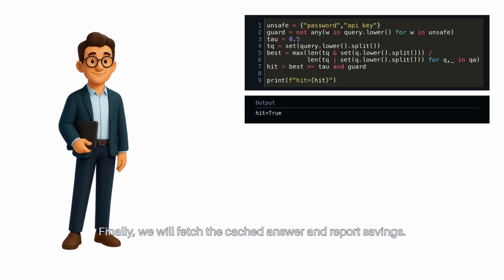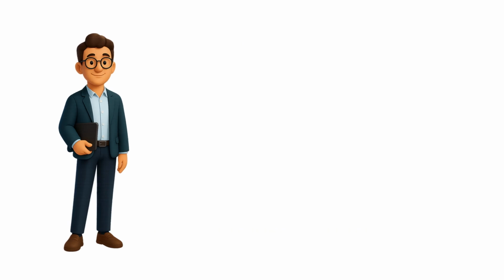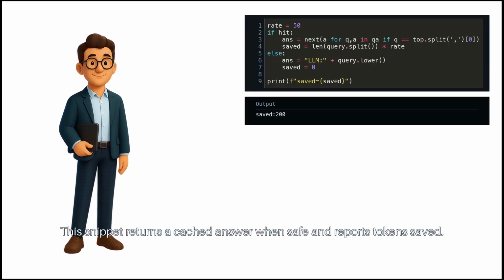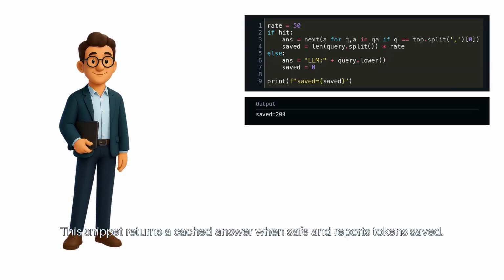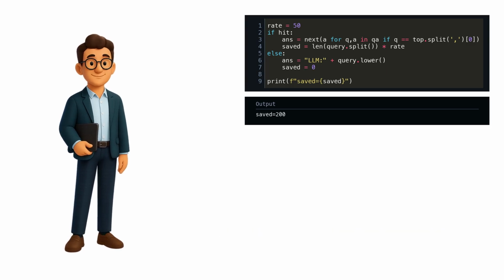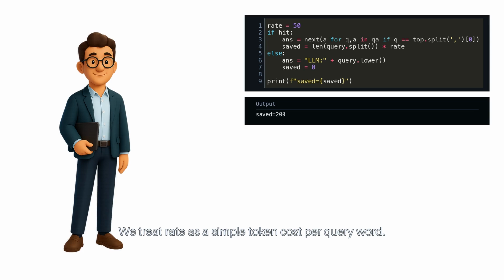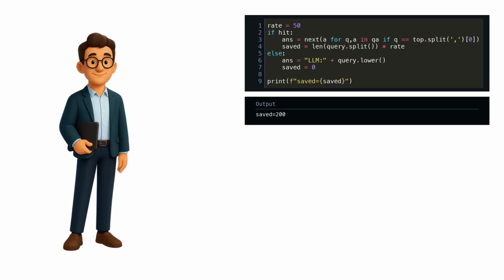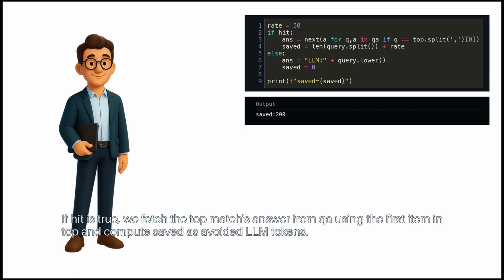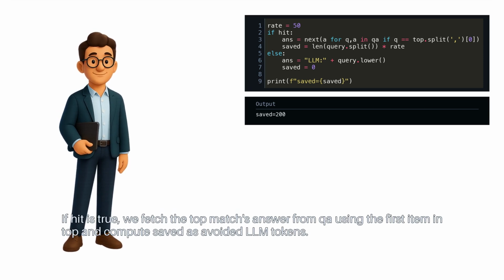Finally, we will fetch the cached answer and report savings. This snippet returns a cached answer when safe and reports tokens saved. We treat rate as a simple token cost per query word. If hit is true, we fetch the top match's answer from QA using the first item in top and compute saved as avoided LLM tokens.